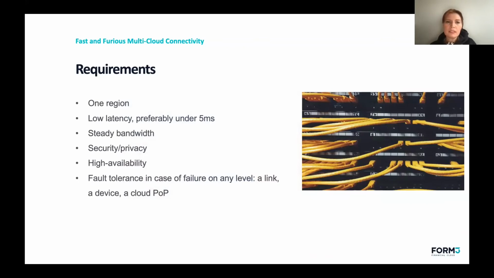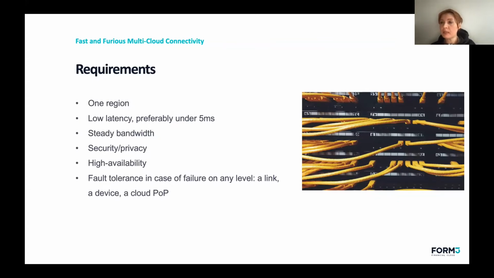When it comes to detailed requirements, we focused only on one region. So 3 clouds, but only in one region. In our first release, we wanted to focus on the London region. Our latency should be lower than 5 milliseconds across clouds.